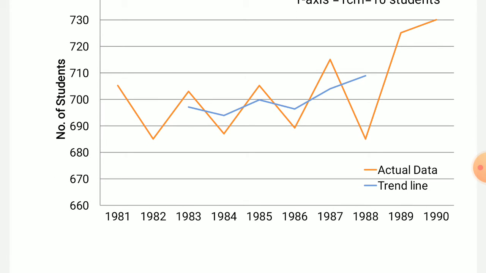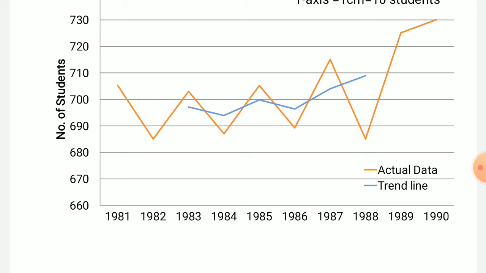So the number of students is on the y-axis, means the vertical line, and years are shown on the x-axis, means the horizontal line. And we have to plot the number of students in different years.